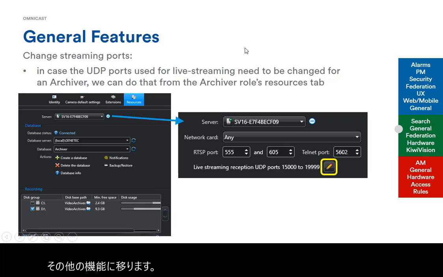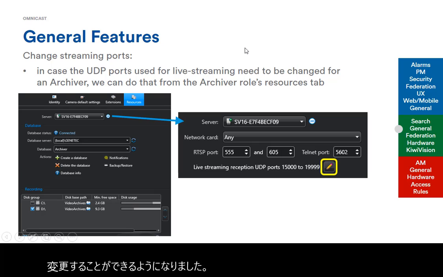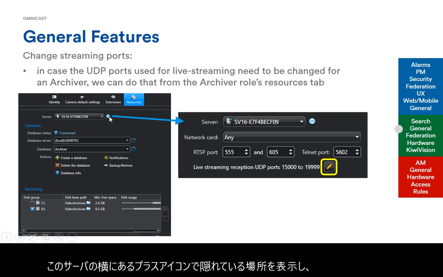Another thing we can do is, in case we have the UDP ports that are set up by default for live streaming, if we need to change the starting port number or the total number of ports, we can change that in the archiver's resources settings. Here I have my archiver. I went into the resources, and I need to expand the server settings here.